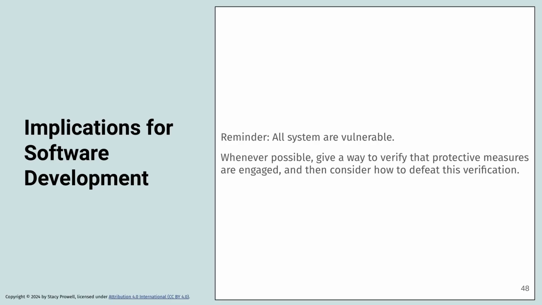Whenever you can, give a way to verify that a protective measure has been engaged correctly. Okay? Now you have some addition to your system. This feedback. You have to consider, how do I defeat this verification? Is there a way for somebody to modify the lock icon in the browser? If so, that's not great.